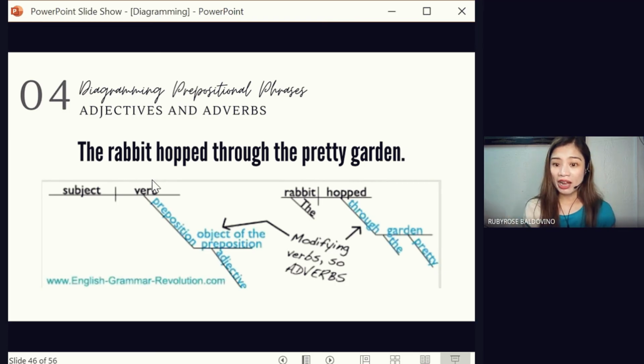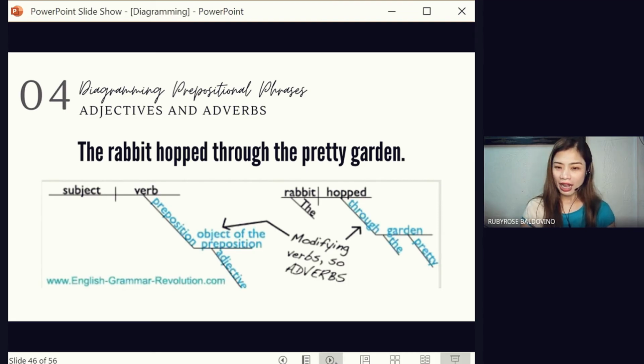Once again, we have to put the preposition on a slanted line under the word it modifies. In this case, the preposition is through. We have to place on the horizontal line the object of the preposition, which in this case is the word garden. And then we have to place the modifiers, if there are modifiers, for the object of the preposition. In this case, we have the article the and the adjective pretty.